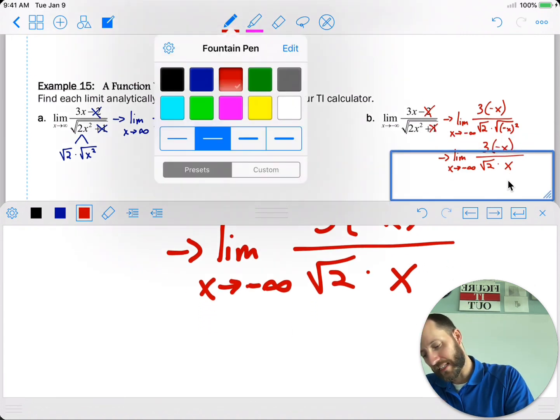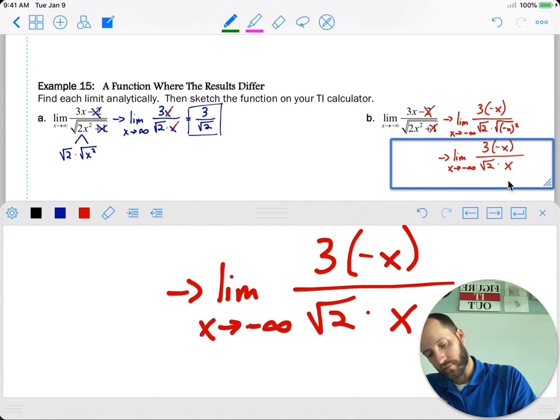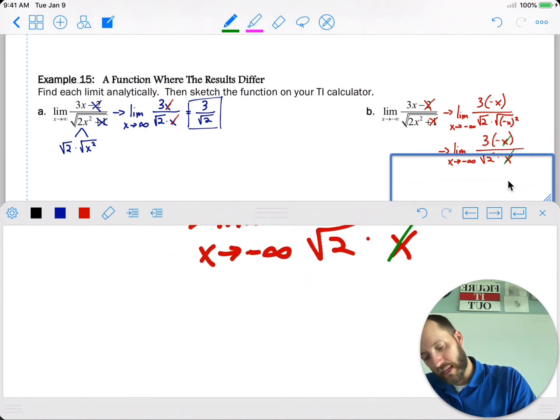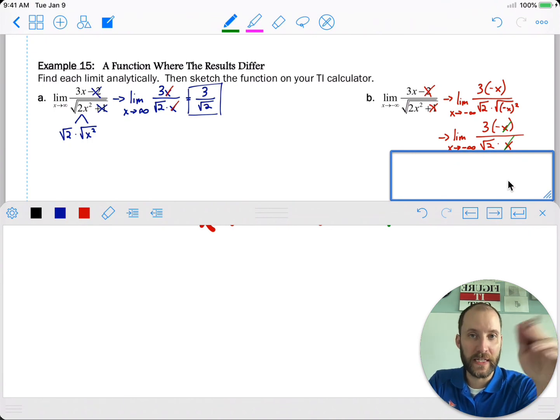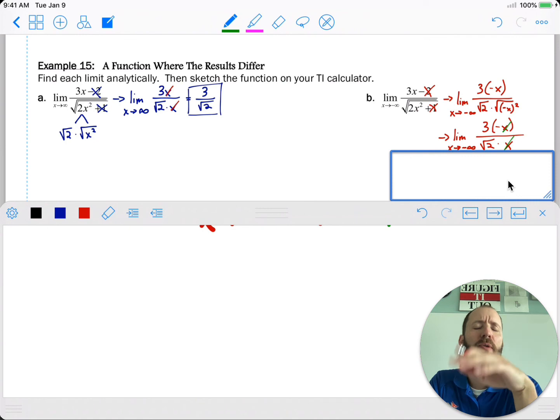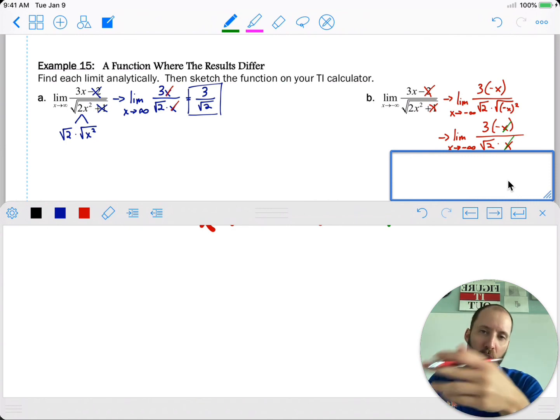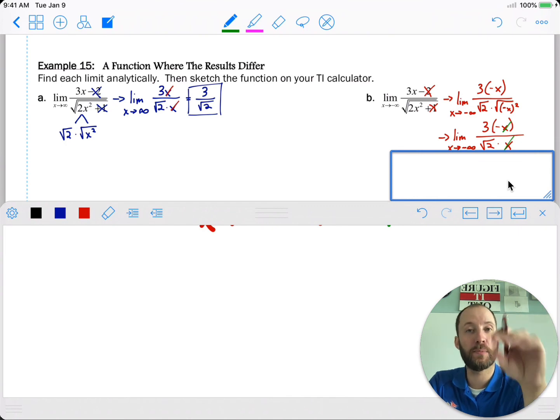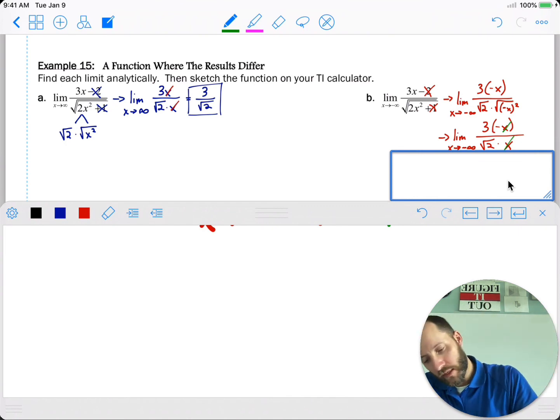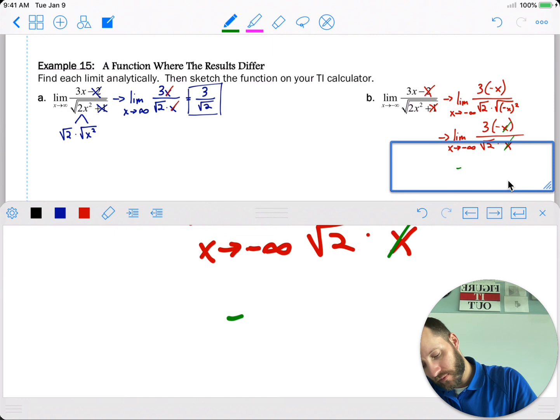So when you cancel out common terms, that negative value in the top remains in the top. The top retains the negative, but then the bottom is gone. So your final answer, negative 3 over root 2.